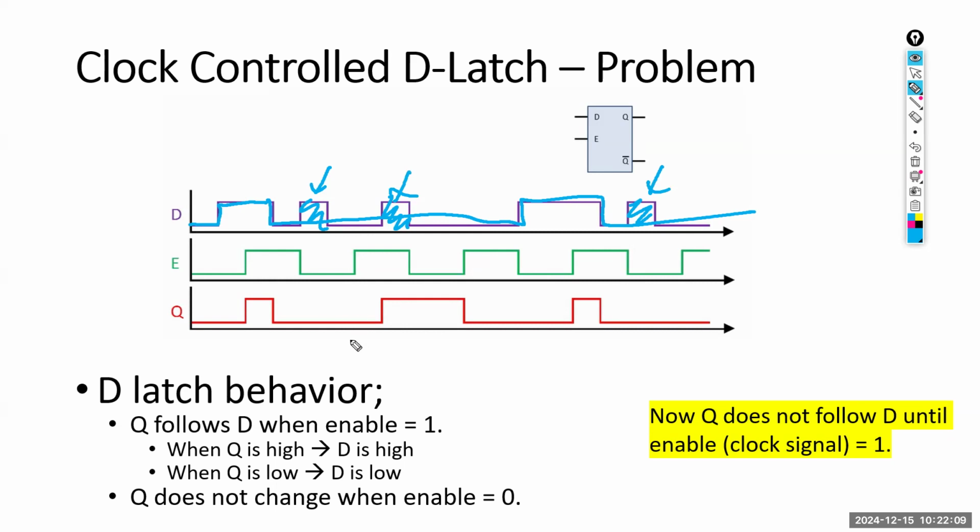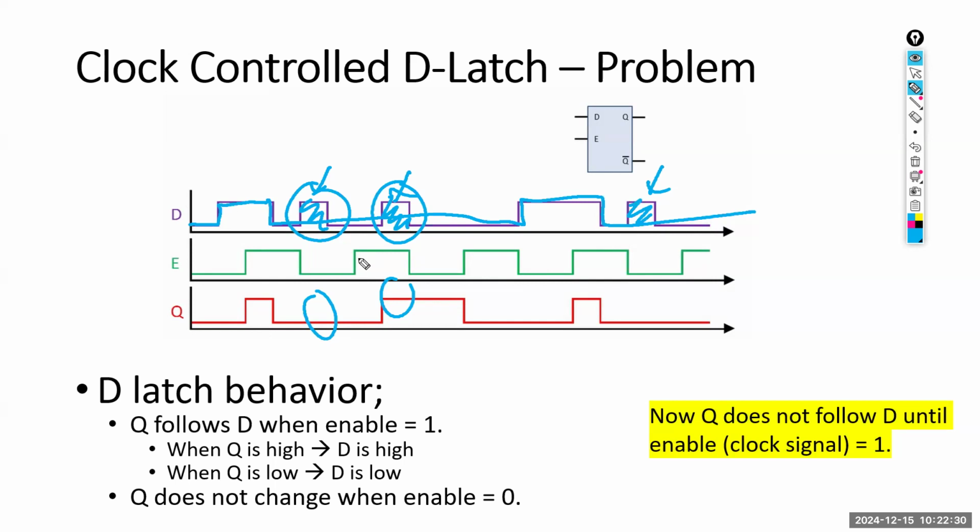But still it doesn't work. Sometimes it works for this kind of situations, right? But in some other situations, it responds to my stray pulses. So therefore, you can see that level triggering is not that good, right?